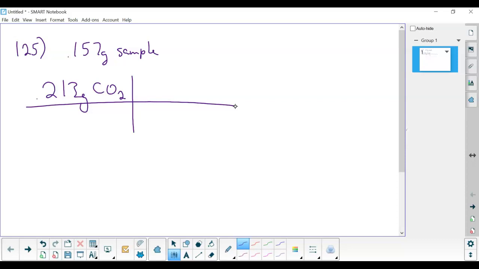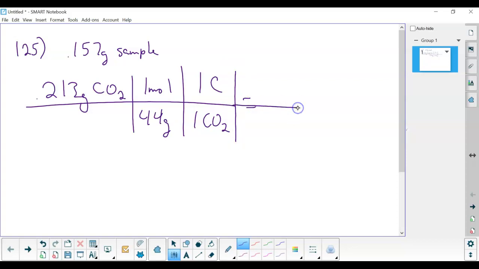The oxygen probably comes from the air, maybe some of it from the sample, but you're not sure. But we do know that all of the carbon comes from the carbon dioxide. And we want to turn that into moles. And there's 1 carbon in every 1 carbon dioxide, and that's going to give us the moles of carbon.